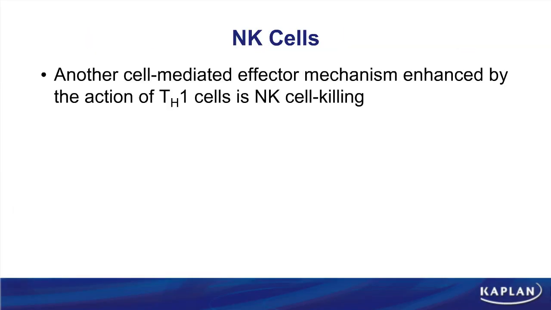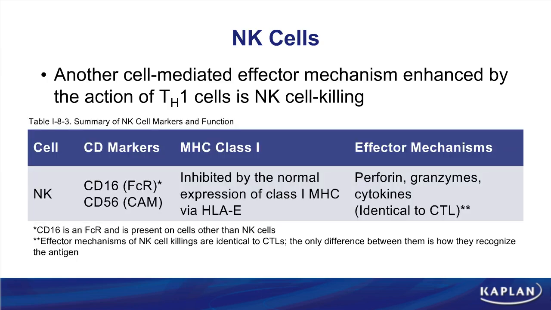Now, again, as Dr. Ellie said, a lot of this is review. We really already talked about natural killer cells for the most part when we went through innate immunity, so here's a nice little summary for you of the CD markers. Natural killer cells are not recognizing antigen through class 1 MHC, but they are actually inhibited from killing if there is class 1 MHC expressed on the surface of a cell.